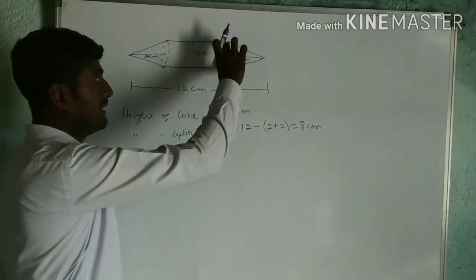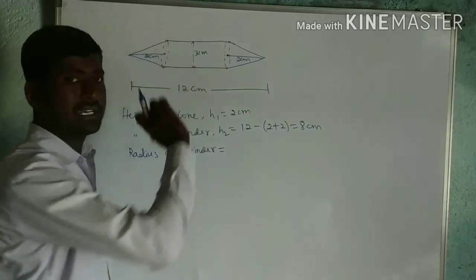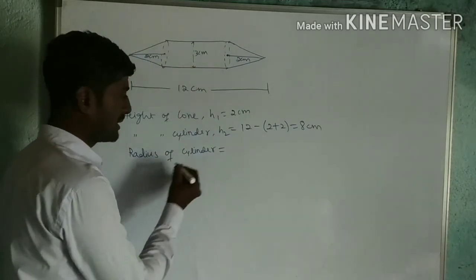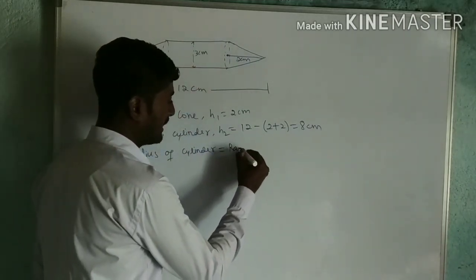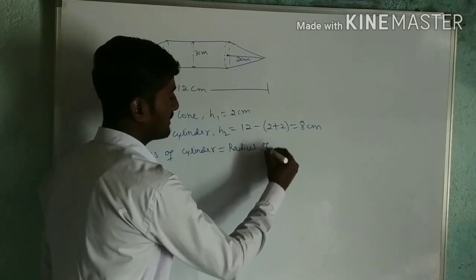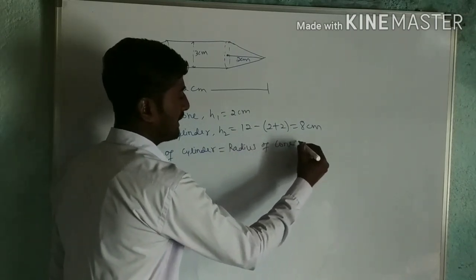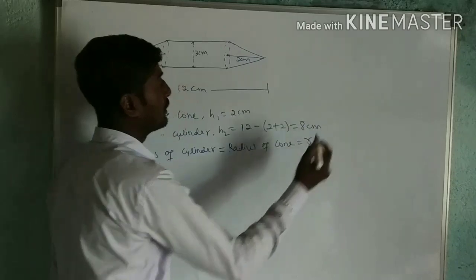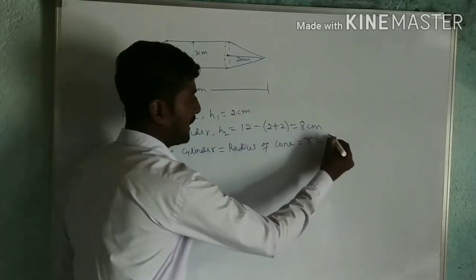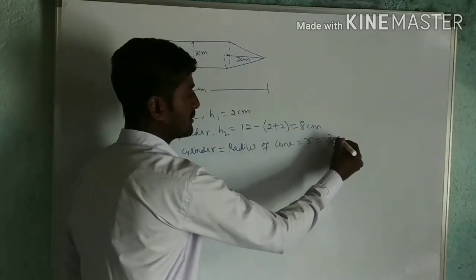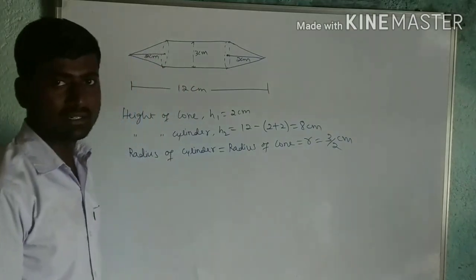So the diameters are the same, then automatically the radius will be the same. So radius of cylinder is equal to radius of cone. I will take r equal to 3 divided by 2. Diameter is 3 centimeter given, so that is 3 by 2 centimeter.